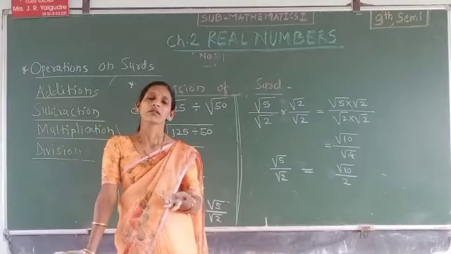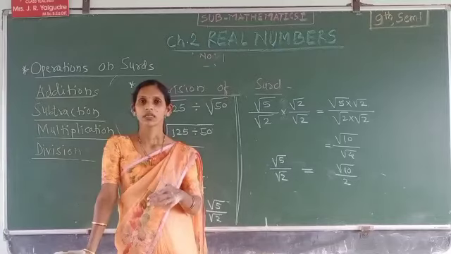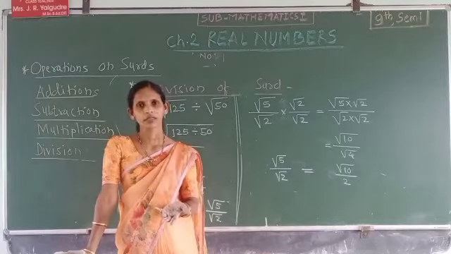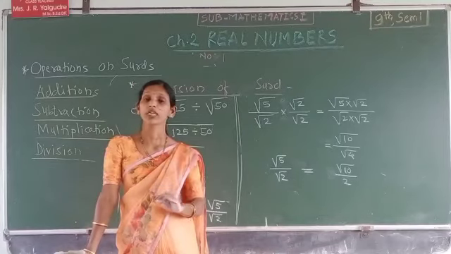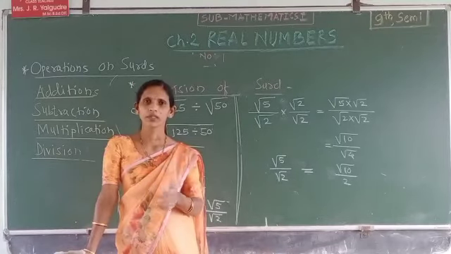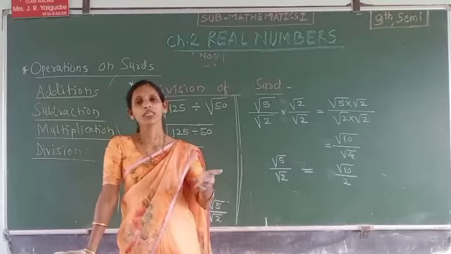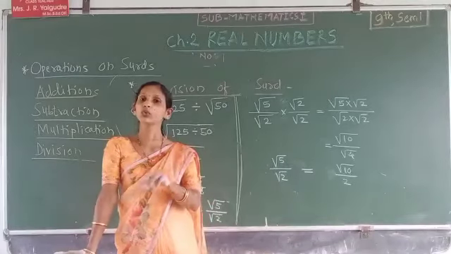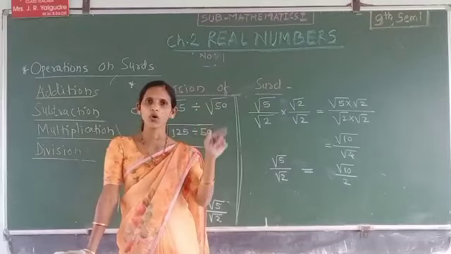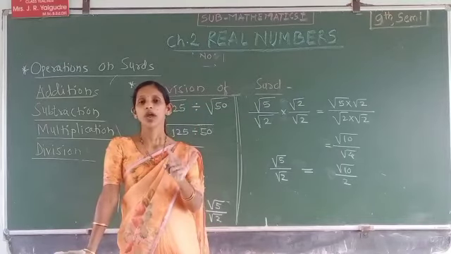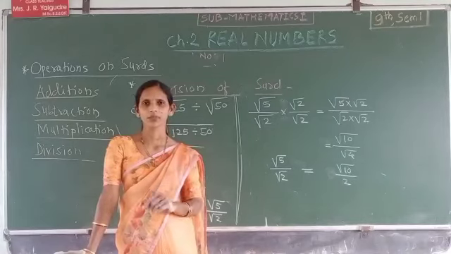And we can also identify like terms or similar surds as well as dissimilar surds. And we can also convert surds into their simplest form, or the simplest form of a surd can be converted into its mixed form. The examples which are based on all those concepts you have to solve from practice set 2.3. Thank you.